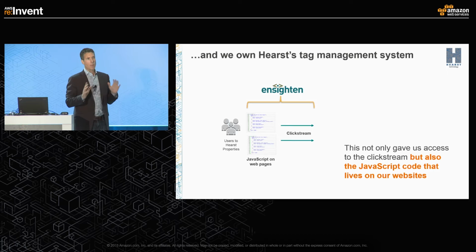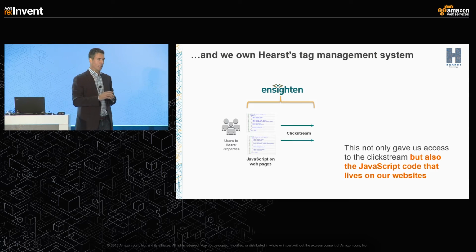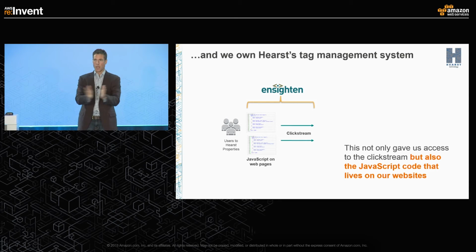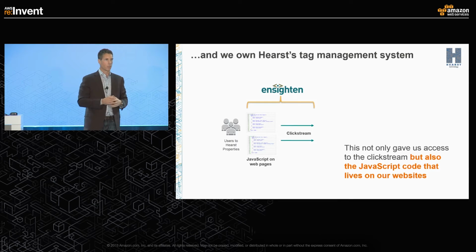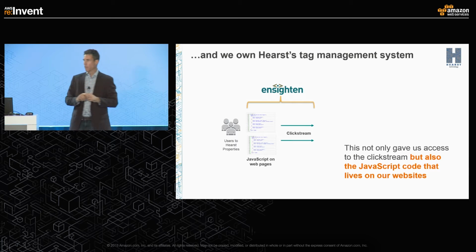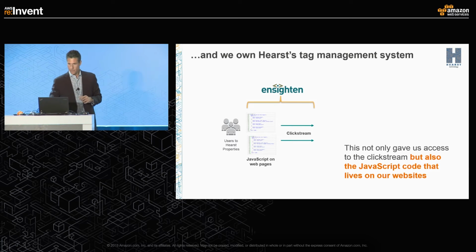But what a tag management system really is, to me, is a code distribution mechanism. By putting this tag manager on every one of our pages, it centralizes the ability to distribute tags or JavaScript to all of the web pages instantaneously. So I'll get back to that in a second.